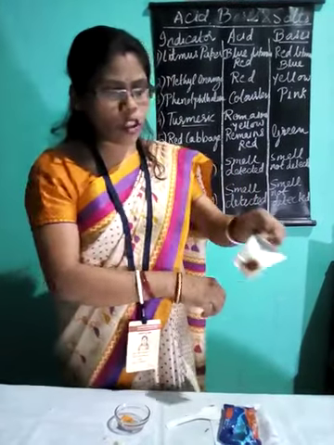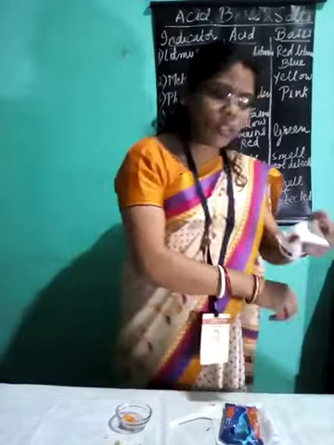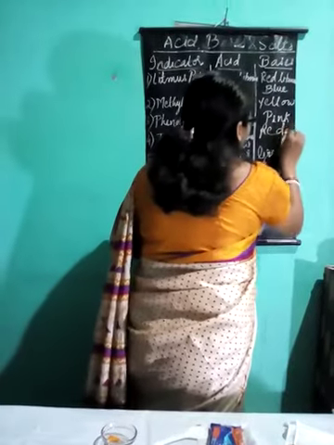What has happened to the turmeric on the white piece of cloth? Here you can clearly see the color has changed to reddish brown. In case of acid, there is no change in color, whereas in case of base, the color has changed. This indicates that this soap is a base.